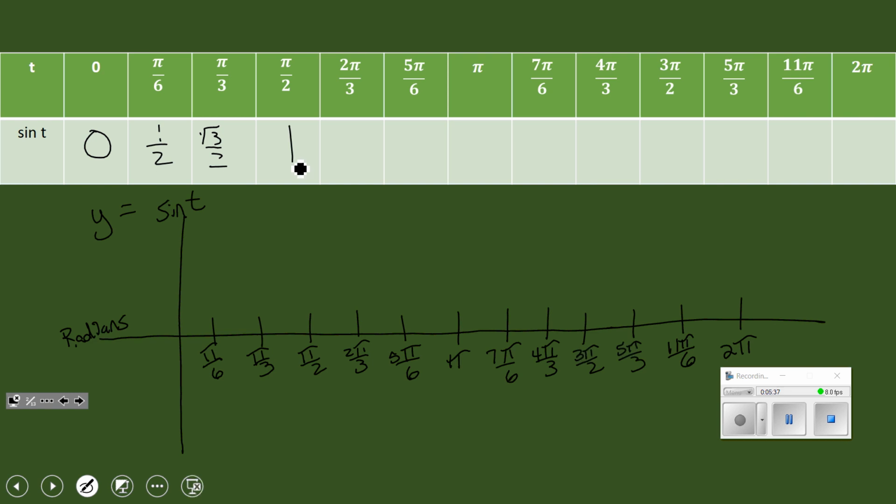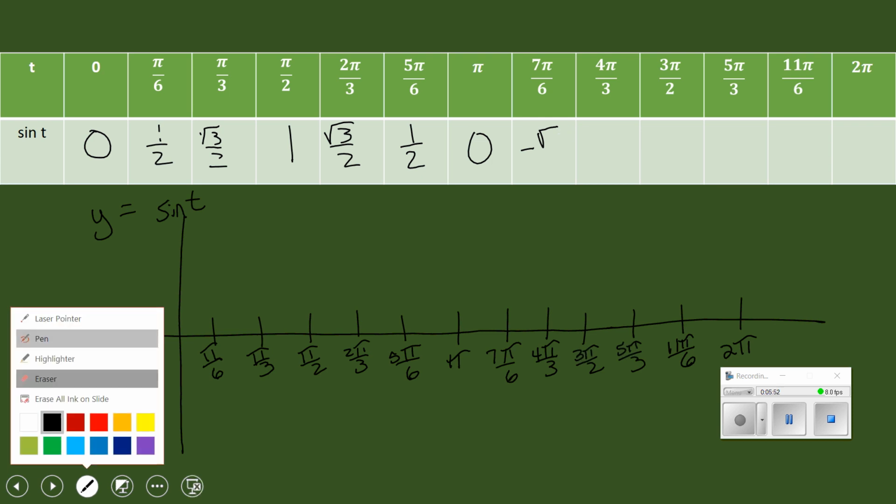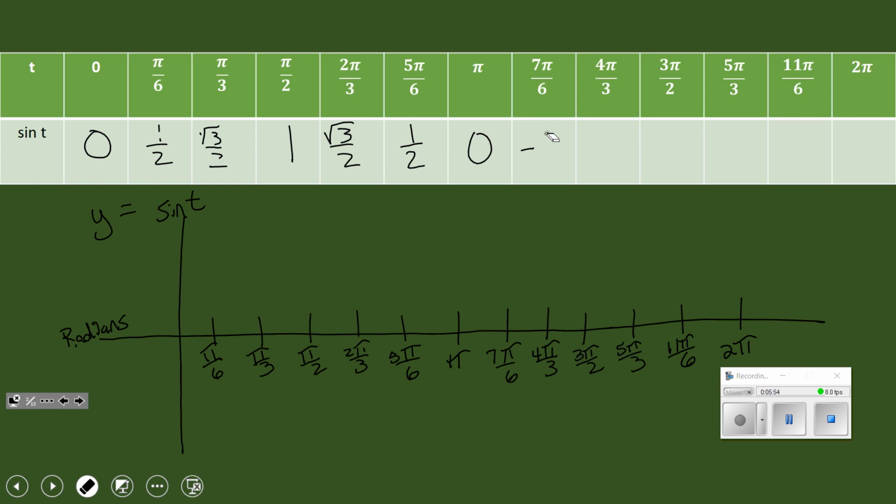So here was 1, and this is square root of 3 over 2, and this was 1/2, and this was back down to 0. Then this was negative 1/2, negative square root of 3 over 2, negative 1.